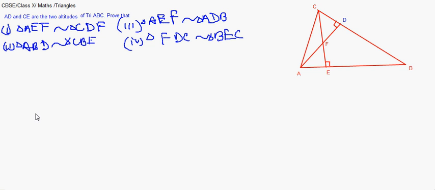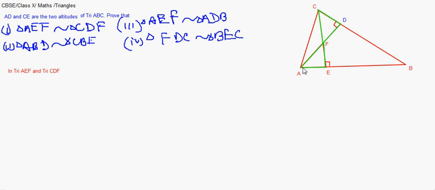Let's take up the first one. What is there in triangle AEF? In triangle AEF and triangle CDF, let me just highlight that so you can observe it better. This is CDF and this is AEF.